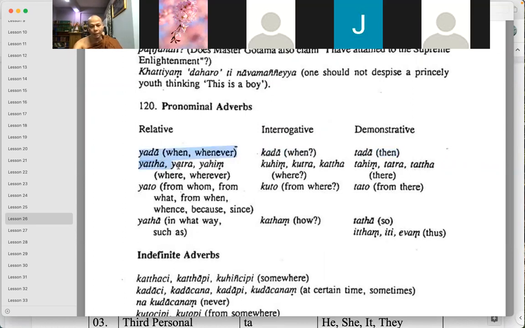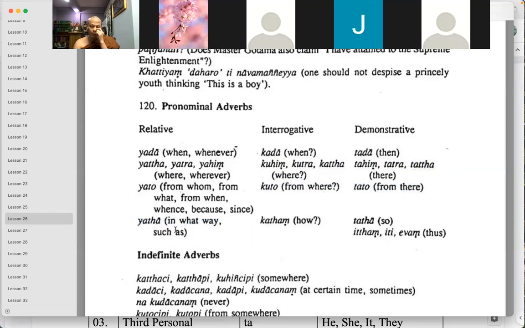Ya and ta, yata; ya and dra, yadra; ya and ha, yaha, where or wherever. Ku, ha, kutra, kata, where. And the ha, tatra, tata mean there. And the ya dha, from where, from whom, from what, or because, or since, whence. And kutha, from where. And tatha, from there or therefore also. And yatha.